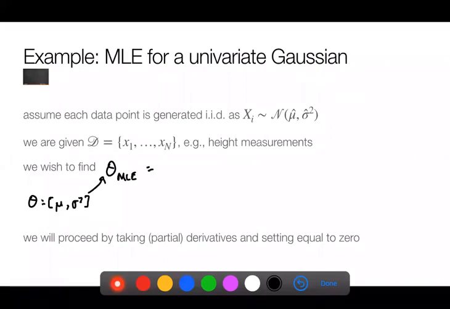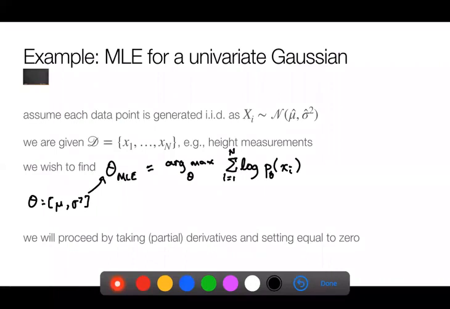And I find this estimate of my parameters by maximizing the sum of the log probabilities of the data that I see for those particular parameters theta.